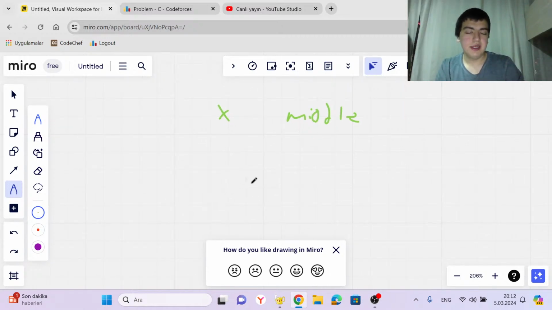I am checking the x value. I'm saying if I can read x messages or I cannot read x messages.